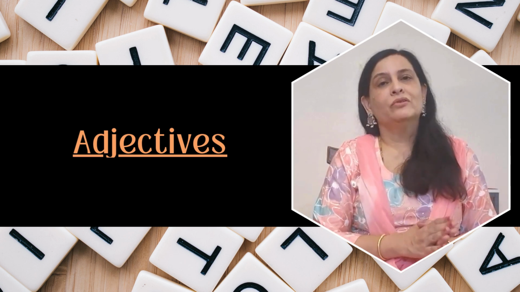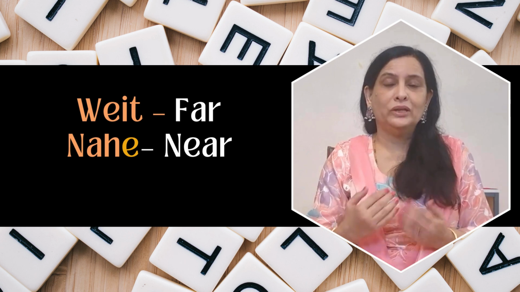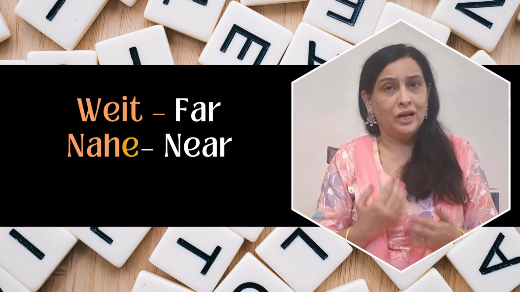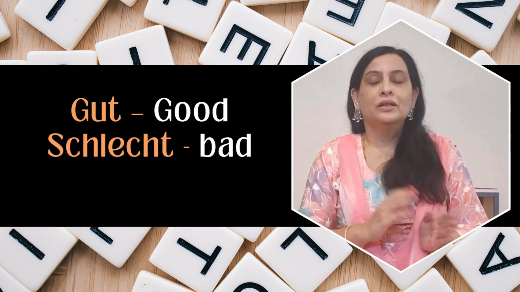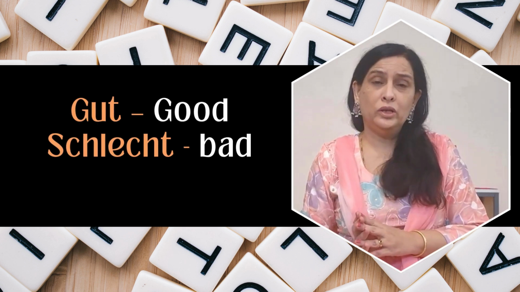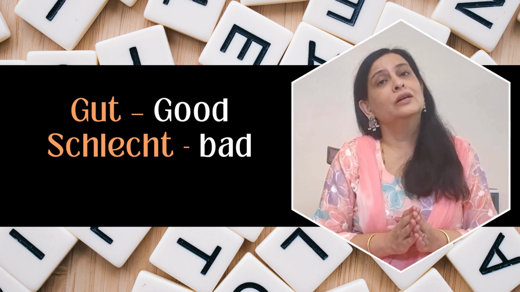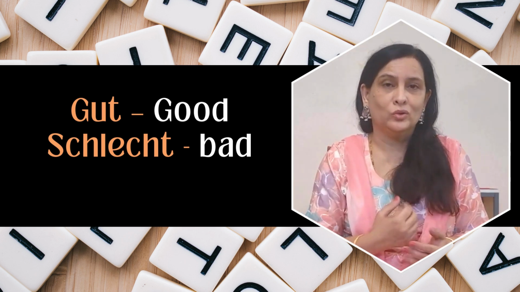Now we'll see a few adjectives, which are antonyms also. Now weit, W-E-I-T, weit. Weit meaning far and nah meaning near. So these are the antonyms. Then gut is good, very much similar to English, and schlecht, it is bad. Okay, again this is an antonym of good.